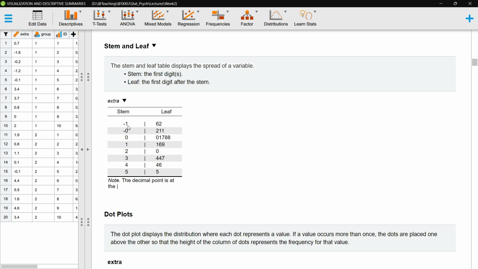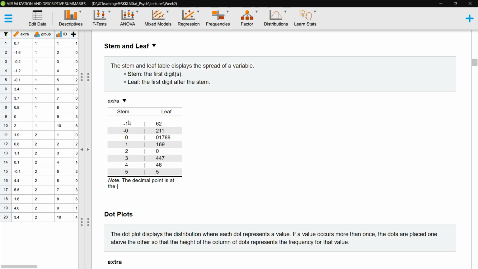And how can we read the values in the stem and leaf plot? The stem part is the first digit, and the leaf part is the first digit after the stem. What does that mean? Before we interpret the number, we need to figure out what the vertical bar between the 2 columns represents. The vertical bar represents the decimal point. In this case, the decimal point is exactly at the vertical bar.